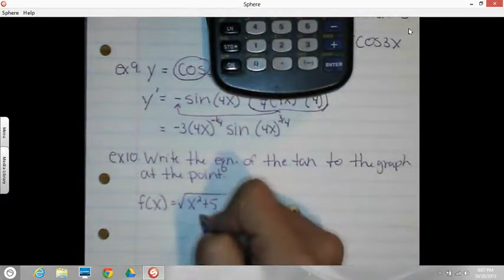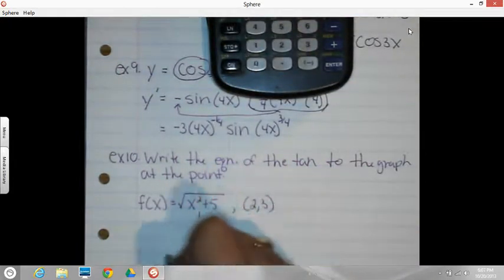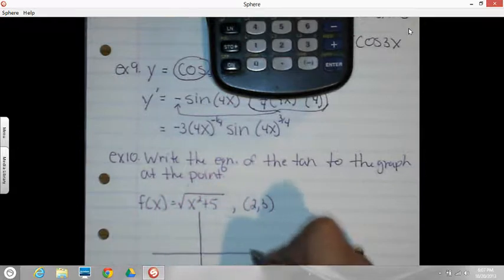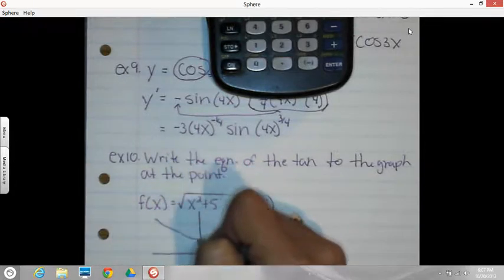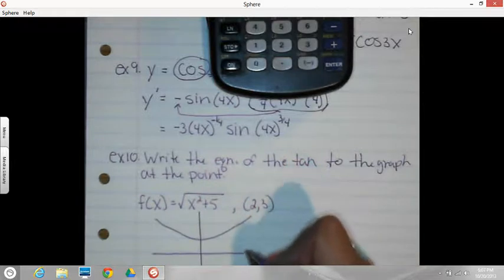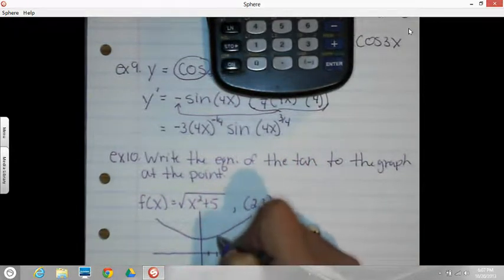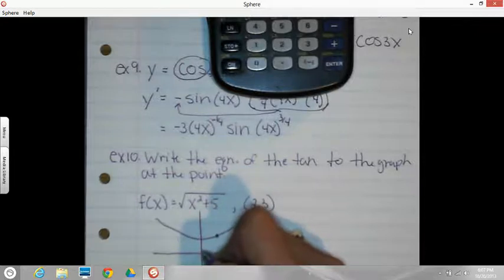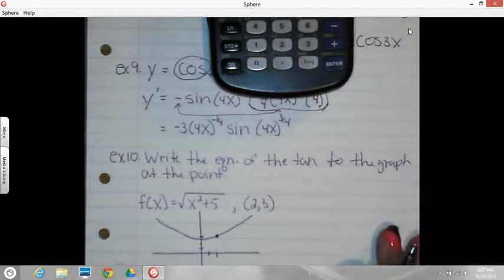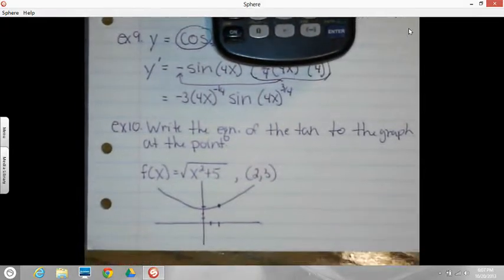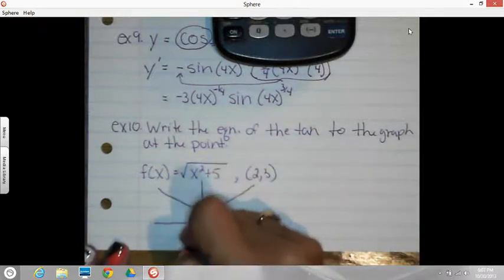I'll come over here. So at 2, this thing's up at 3. 1, 2, 3. Okay, our goal is to come up with the tangent line at that point. And the thing to remember, the tangent line looks like this. It just skims the graph there.